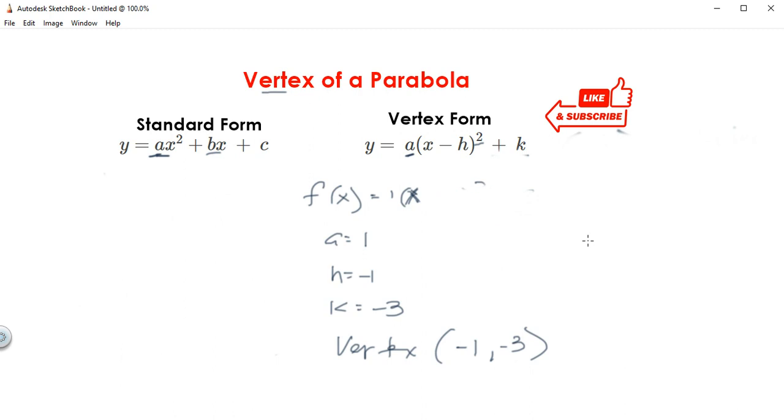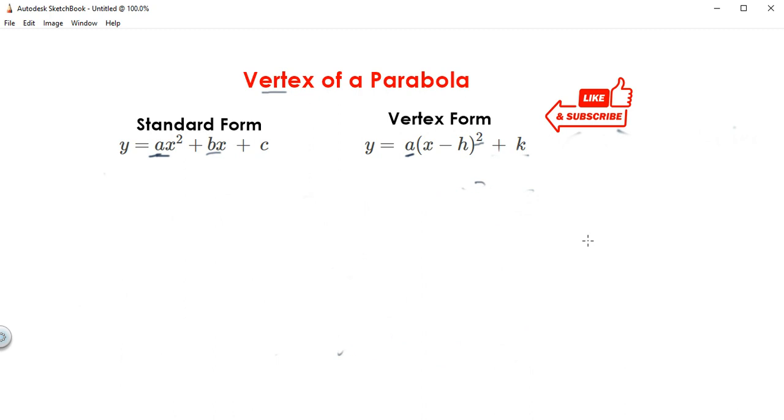Okay, let's try a different example. Let's try f of x equals 3(x minus 4) squared plus 2. In this case, this is again vertex form. Your a is equal to 3.